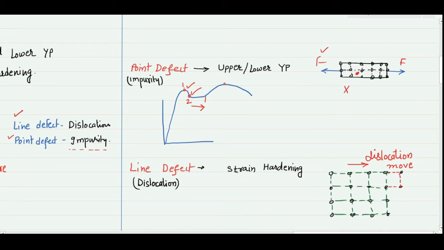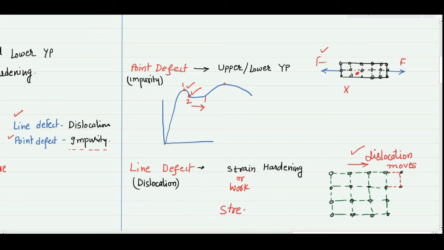This particular phenomenon is known as strain or work hardening. Please remember that strain hardening is there because of the line defect or the dislocation. When we apply the load, the dislocation moves, and because of the motion of the dislocation, the material becomes denser and its strength increases. I am not going beyond that.